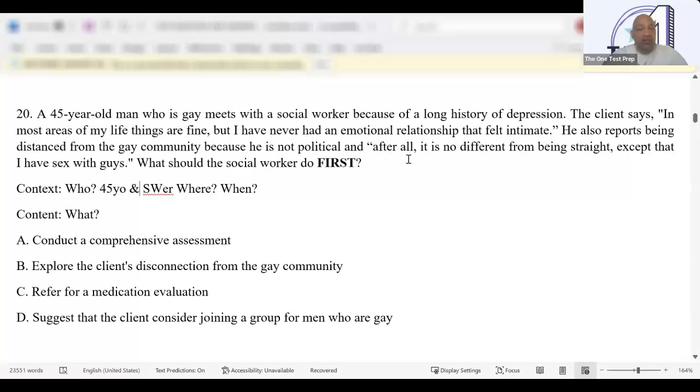Is there anybody else mentioned in the STEM or anybody else in this vignette? No. I mean, he's mentioned community, but not a specific person or any other people. Correct.